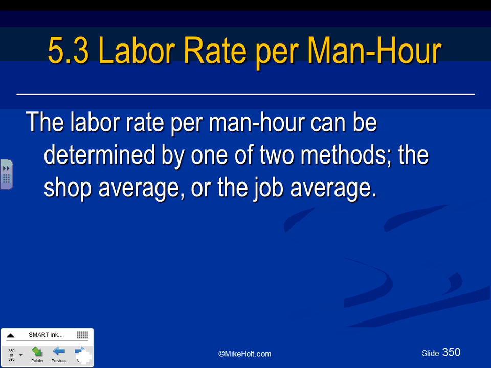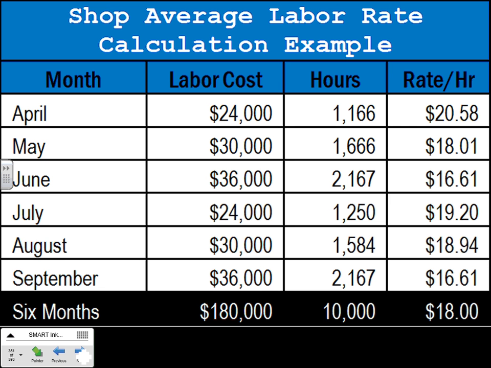Okay, so you can calculate this value, Joe, my friend, in two ways. Number one, you can use the so-called shop average or the job average. I think this is a new concept. Take this, gentlemen. You keep track, Jeff, of all your labor over 6 months, all your labor for the projects that you were working on over 6 months.